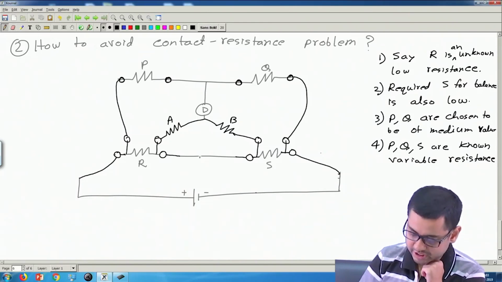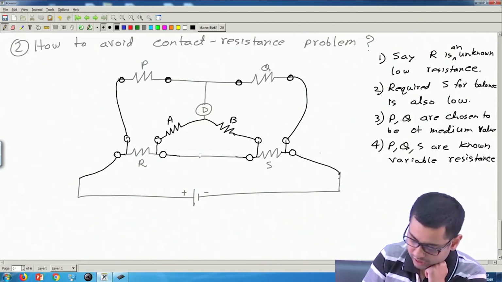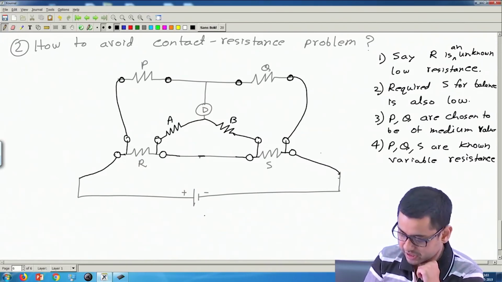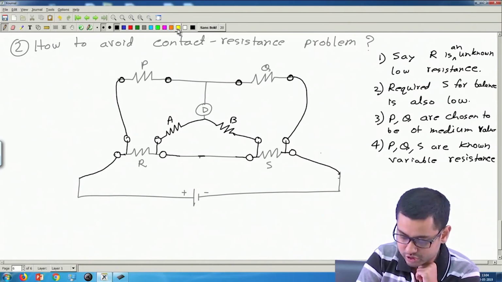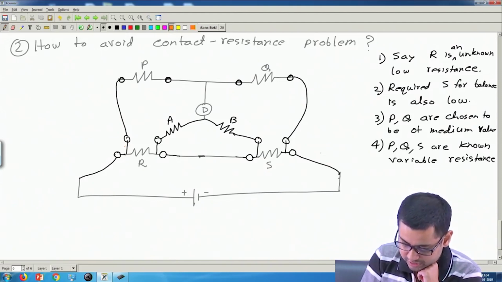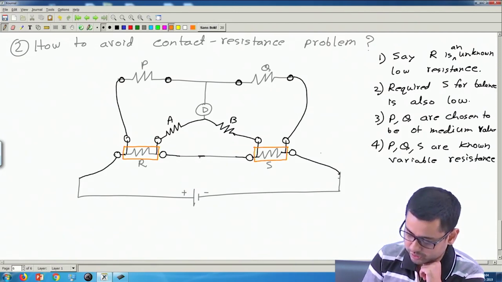Okay, so we have started with a Wheatstone bridge and modified that into a Kelvin's double bridge, and we are using this as 4 terminal resistances. So this is in a box, this is in a box, 4 terminals are outside.